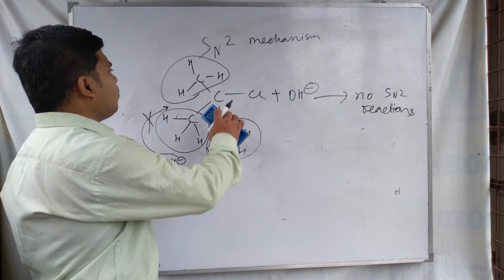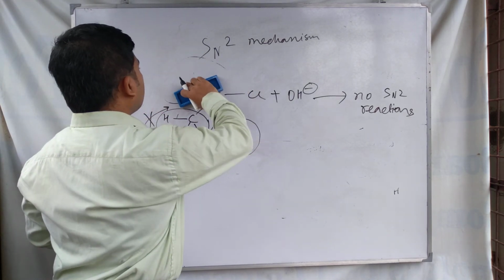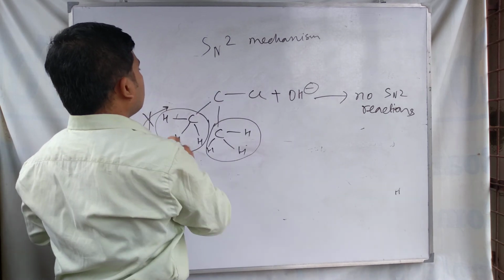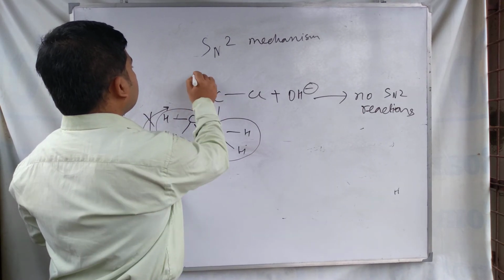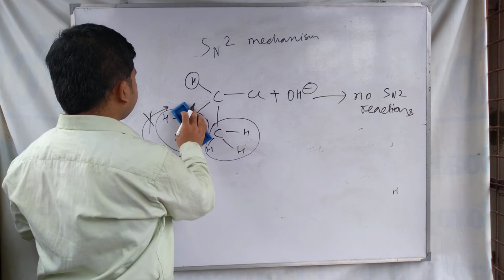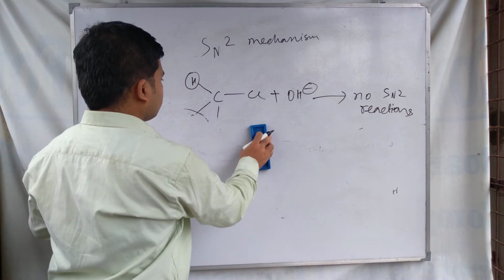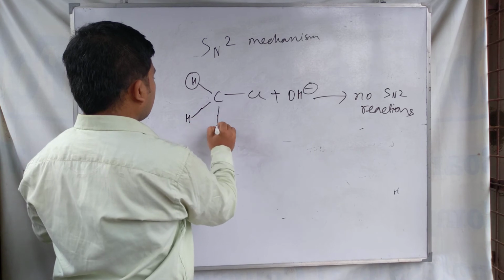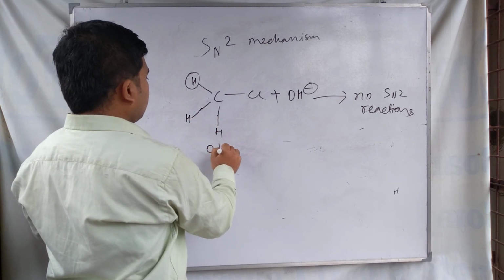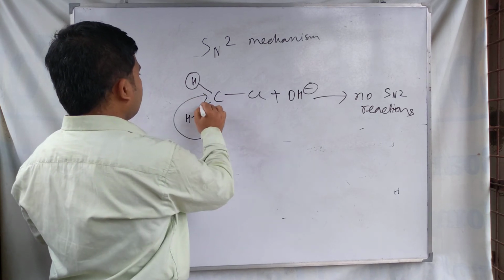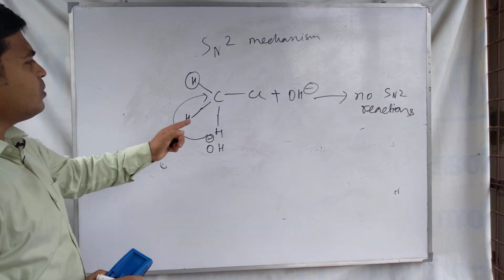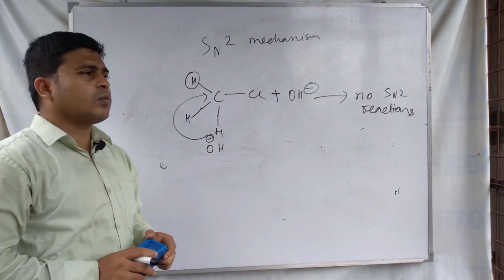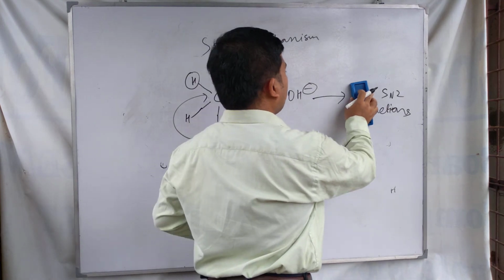If we have a lighter group like hydrogen around this carbon, which has a small size, then the nucleophile OH minus can easily attack this carbon, and the product is formed.